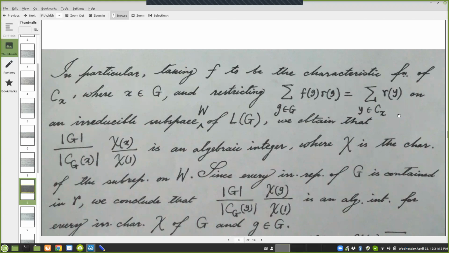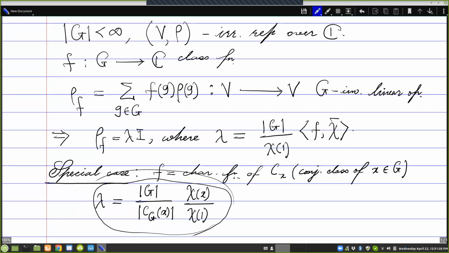Now we restrict this operator to any irreducible subspace W of LG. Since W is irreducible, this operator on W has to be a scalar multiple of identity, and the scalar has to be this, because that's what we have just computed for any irreducible representation.